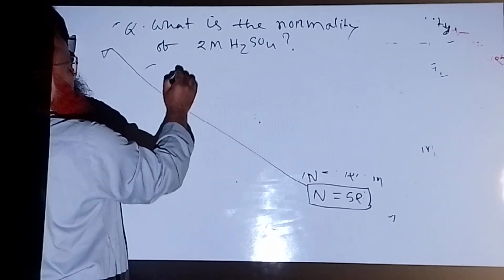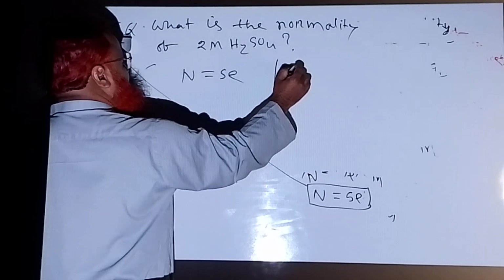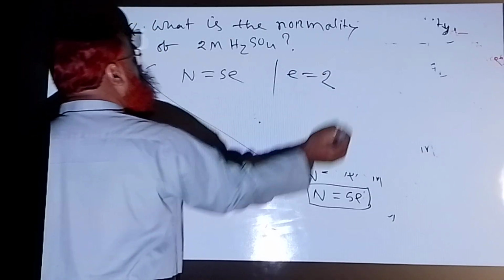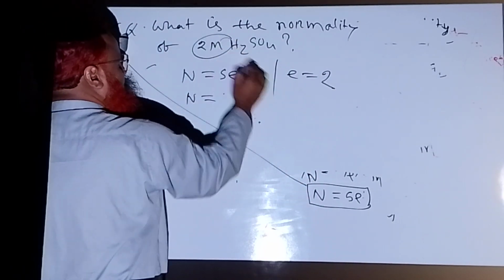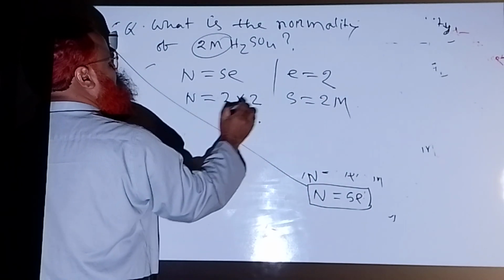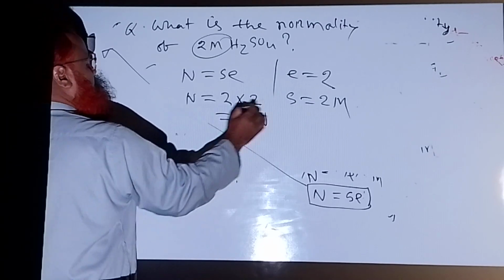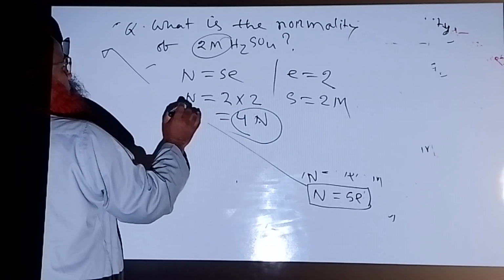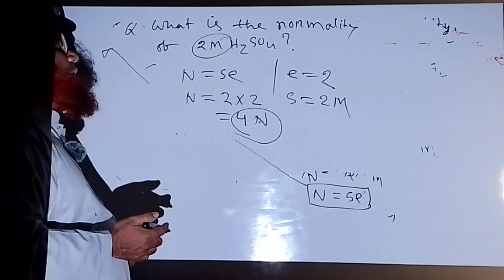You know that N equals S into E, so easily convert. You know that the H2SO4 equivalent number is 2. So, N equals, here the molarity value is 2 molar, so 2 into 2, that is 4 normal. So, normality can be found easily from the given data.